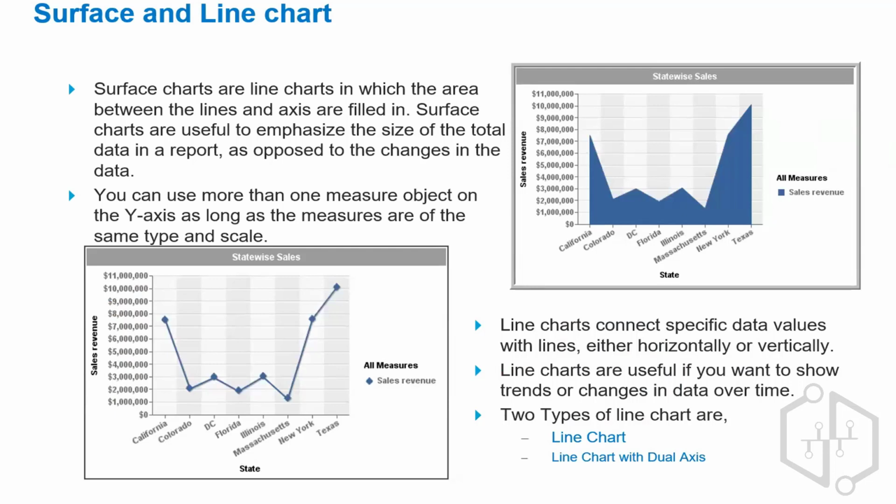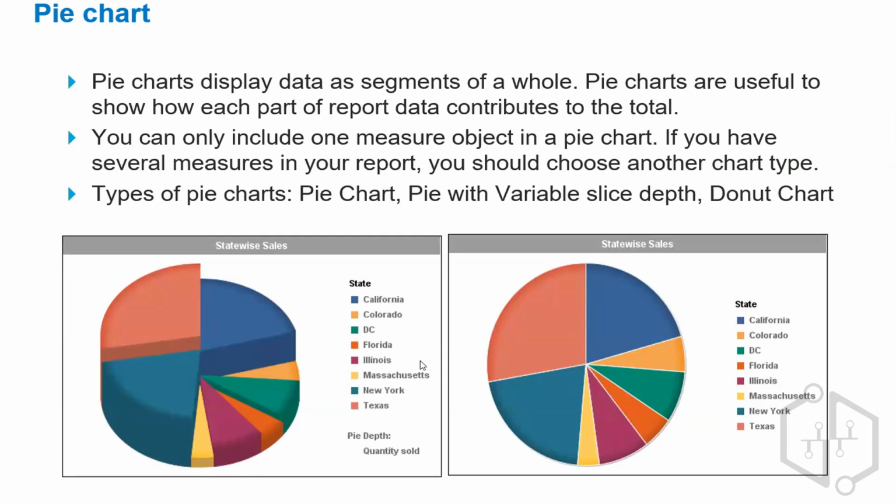If you want to see the quantity sold also, we can add it over here and we can see two graphs going. But for a pie chart, it is not possible. It is always recommended when we only have one measure or key figure to do the analysis. These are the types of pie chart: simple pie chart, pie chart with variable slice depth, donut chart.